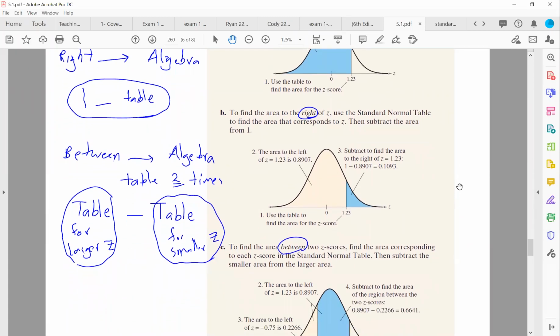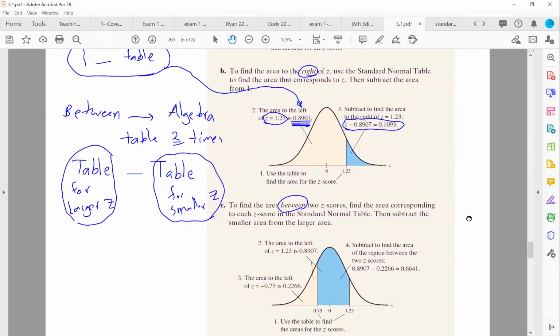For example, if the question says find the area to the right-hand side of Z, where Z is equal to 1.23, you use the table to find the probability or area to the left. Then you have to do a little bit of algebra: 1 minus this area, which is almost 11%.